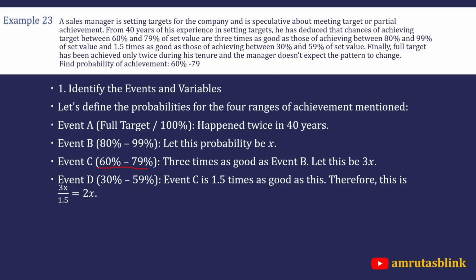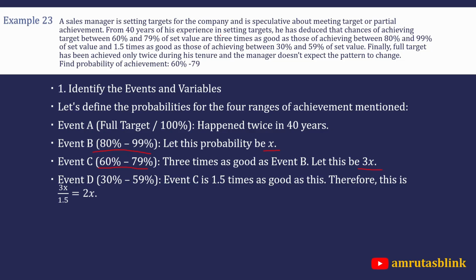As those of achieving 80 to 99%. So now let's say for 80 to 99% we will assume the probability as X. Now if probability of this event B is X, then for event C it should be 3 times, that is 3x.